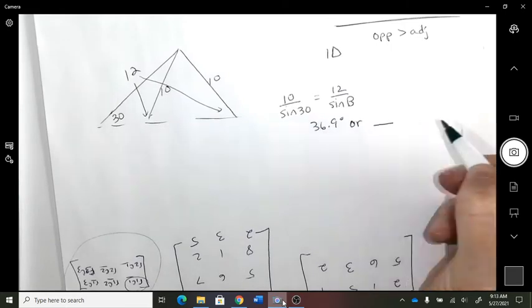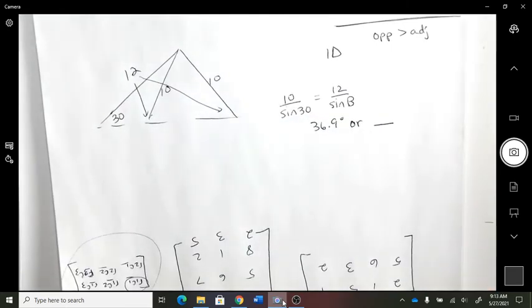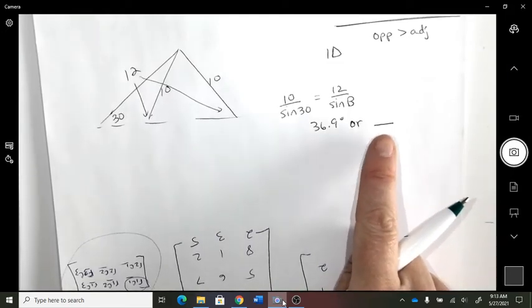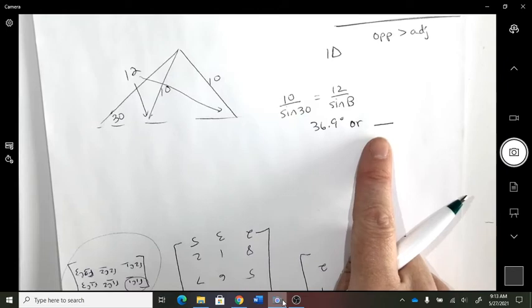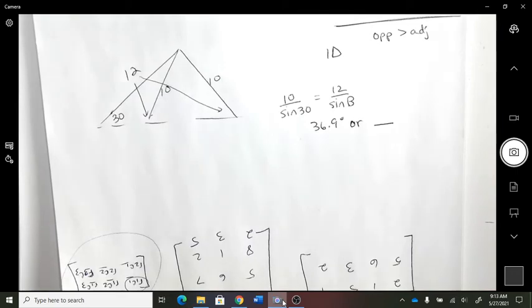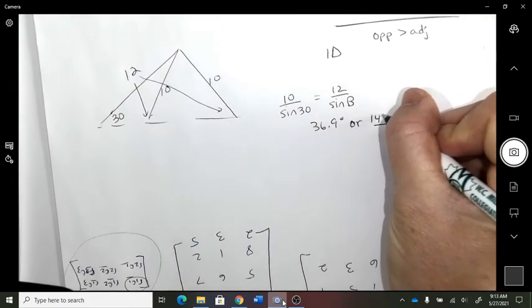Do you remember that it could be 36.9 degrees or something else? Do you remember how to get this one? What's the other option? The supplementary. So what's the supplementary of it?